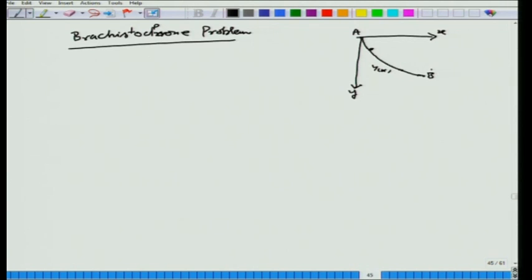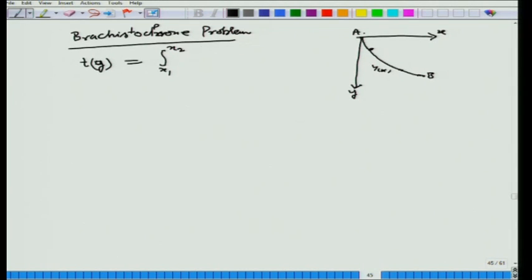So, we need to find the time, which we have already seen that this time t will be given by, which will be a function of y, and it is integral x 1 to x 2.